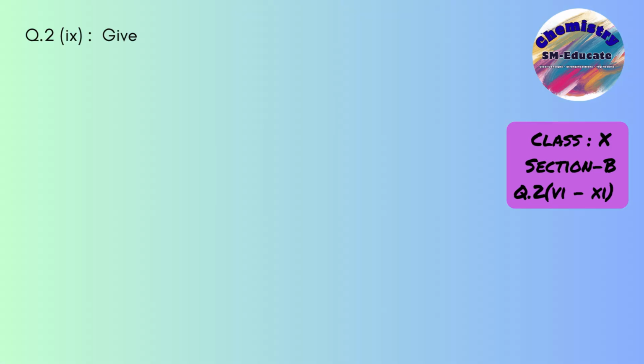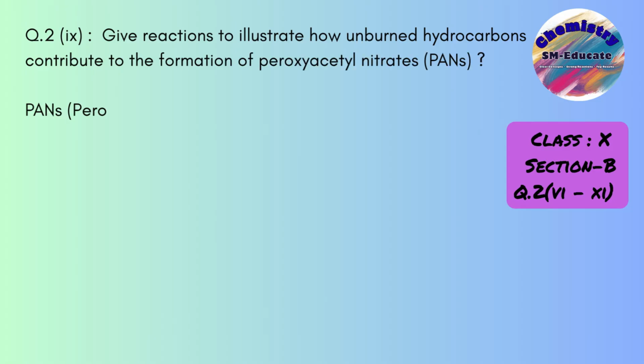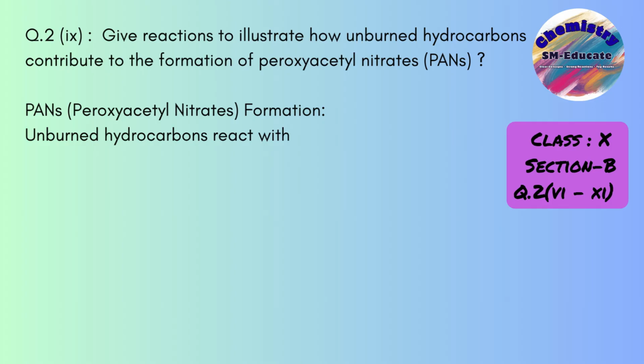Question 2, Part 9. Give reactions to illustrate how unburned hydrocarbons contribute to the formation of peroxyacetyl nitrates, PANs. PANs, peroxyacetyl nitrates, formation. Unburned hydrocarbons react with oxygen and nitrogen dioxide in the presence of sunlight to form PANs. PANs cause photochemical smog.